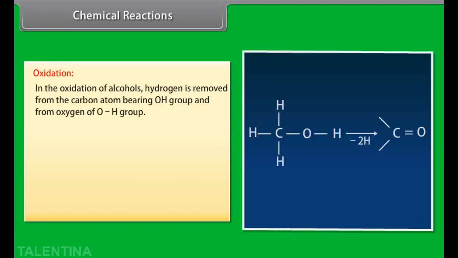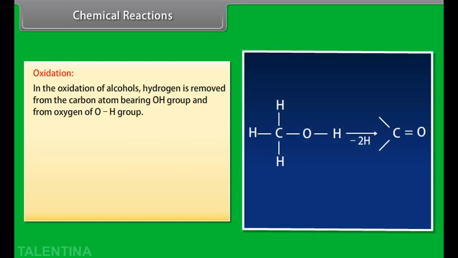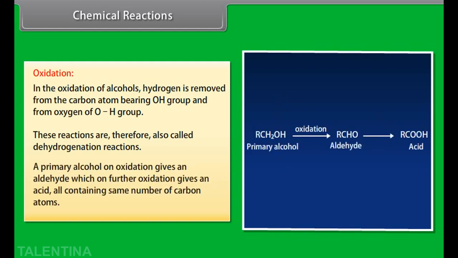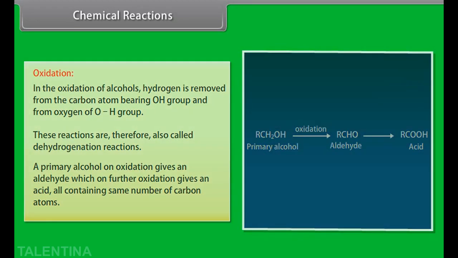Oxidation. In the oxidation of alcohols, hydrogen is removed from the carbon atom bearing the OH group and from oxygen of the OH group. These reactions are, therefore, also called dehydrogenation reactions. A primary alcohol on oxidation gives an aldehyde, which on further oxidation gives an acid, all containing the same number of carbon atoms.